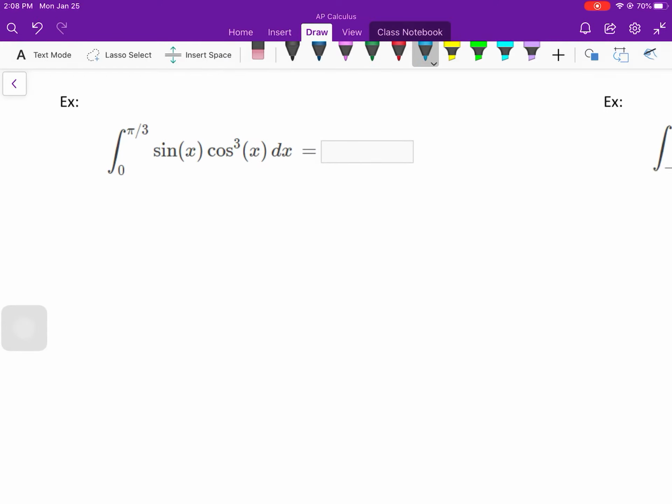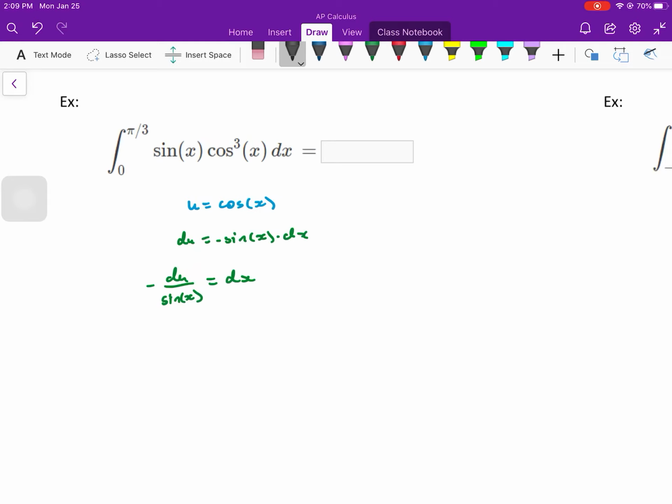So here, we're going to make our u the cosine of x. That way we'll have u to the 3rd power. So then du is negative sine of x dx. Then divide that over: negative du over sine of x is going to be our dx, right?